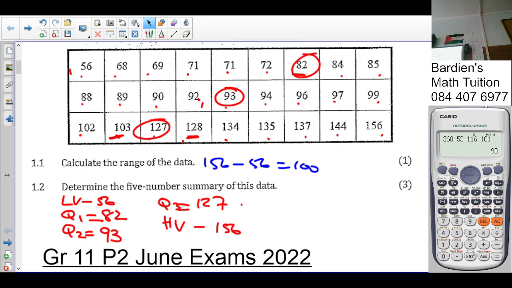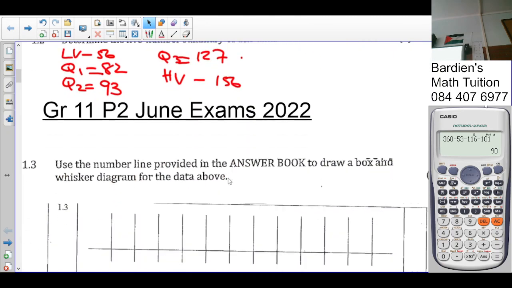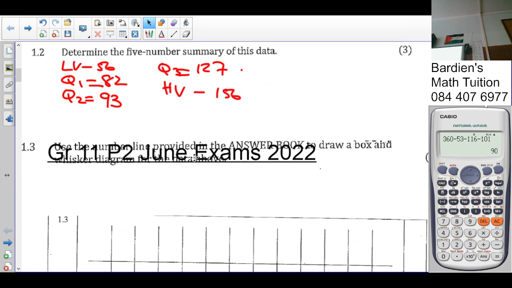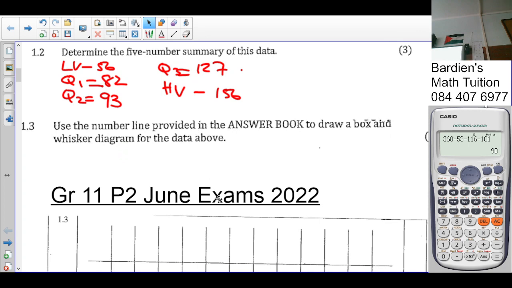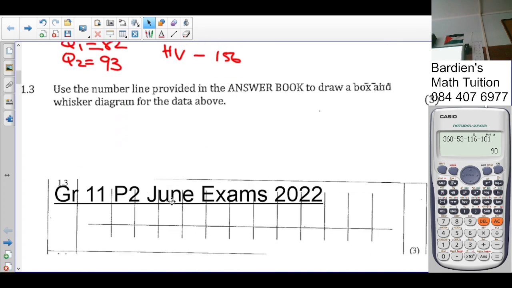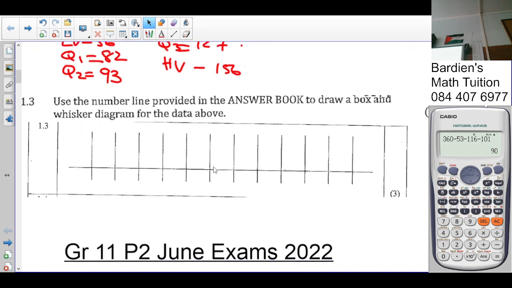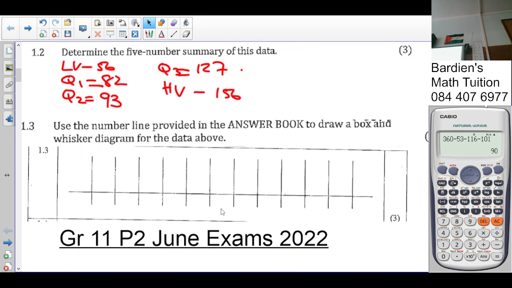Okay, then we carry on. The next question says, use the number line provided in the answer book and draw a box and whisker diagram for the above data. For the box and whisker diagram, we need the 5-number summary, not so? And these are the values I need.